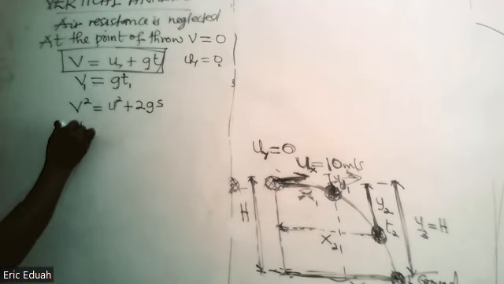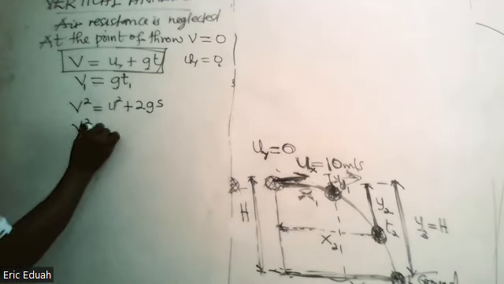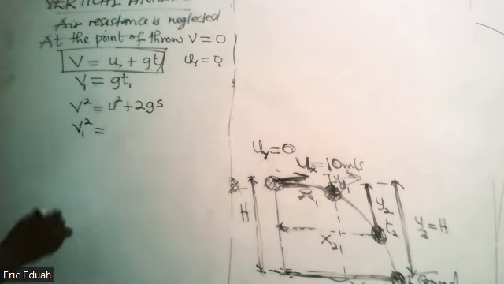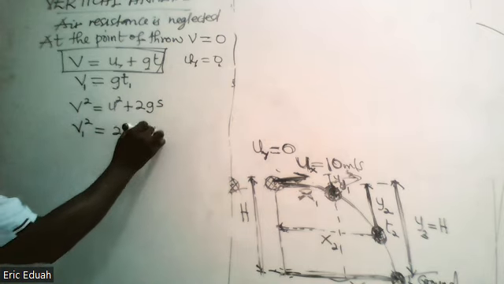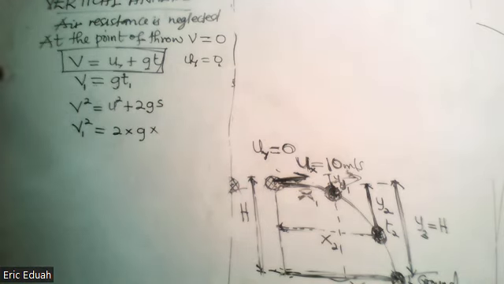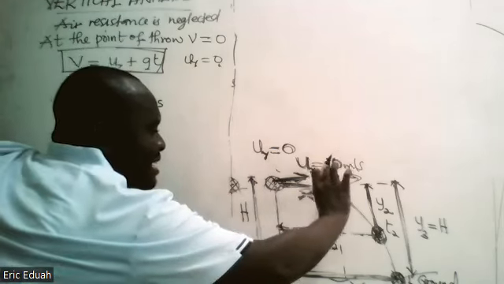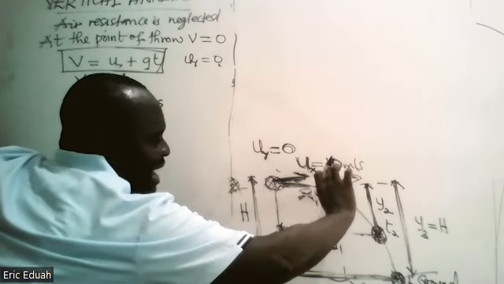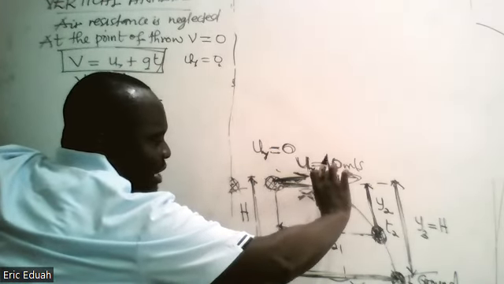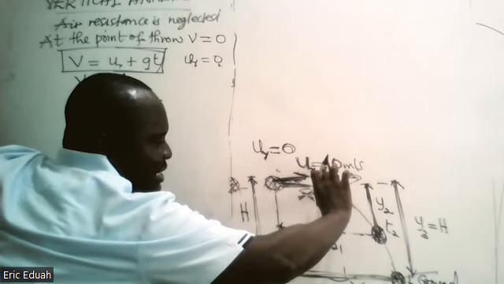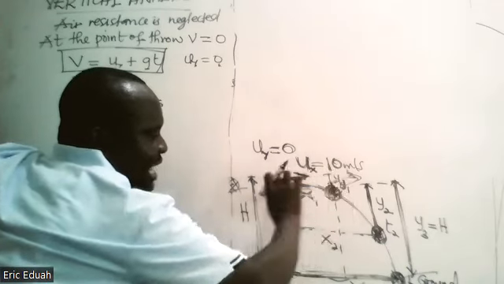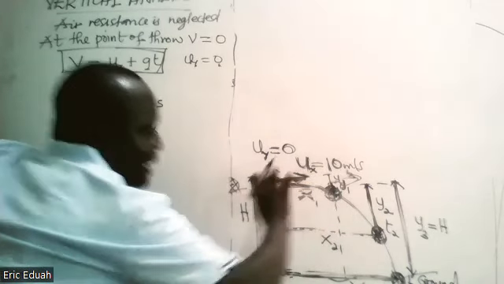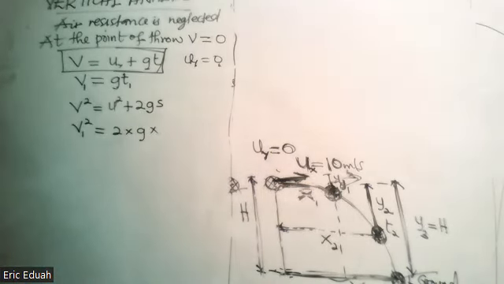V1 squared would be equal to, Uy is 0, so 2 times G times S. What is S? S is the small vertical height covered, okay? The small vertical height covered with respect to the initial position. A vertical height covered by the body with respect to the vertical position.